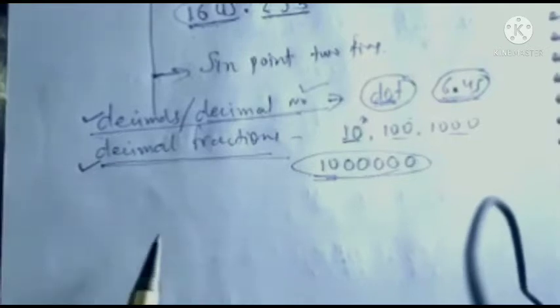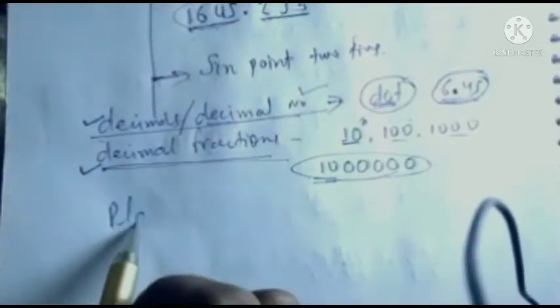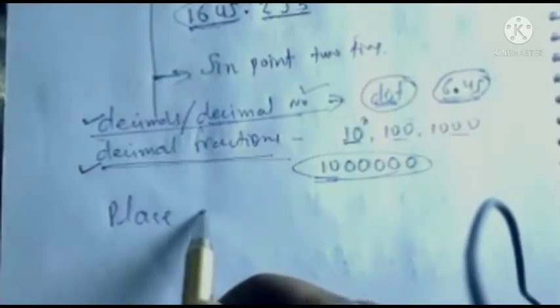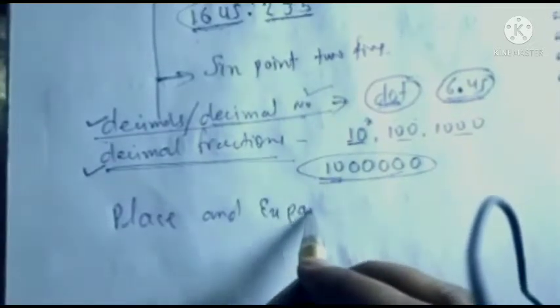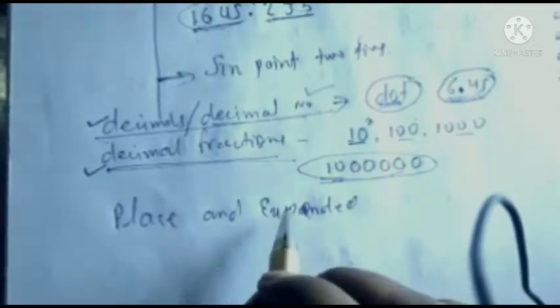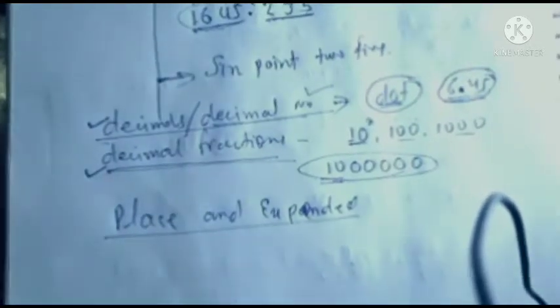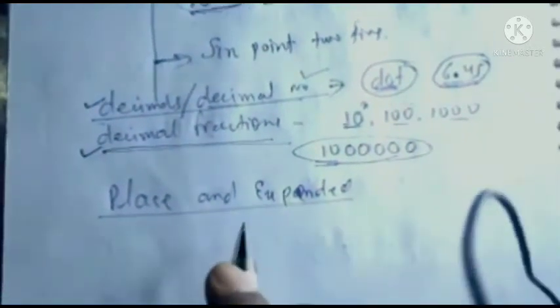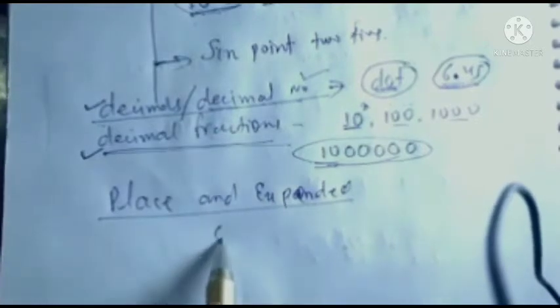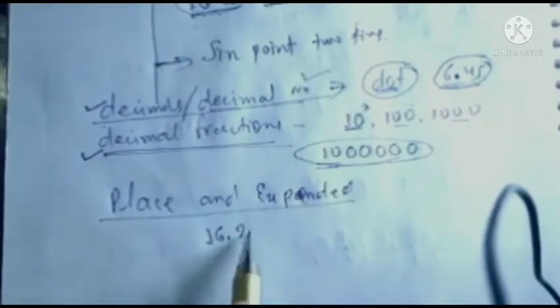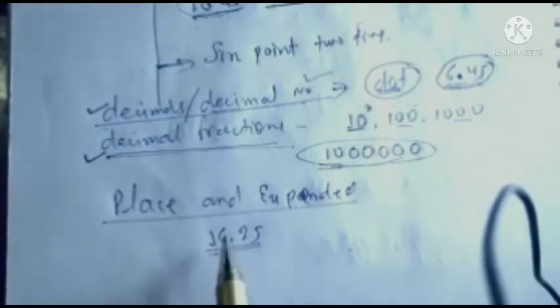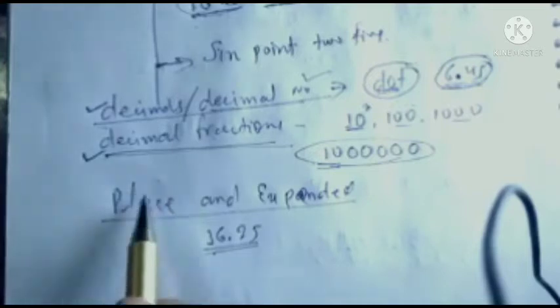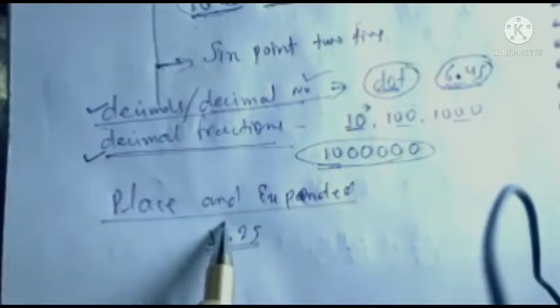Now discuss the next point, that is place value and expanded form of decimal numbers. Suppose I have the number 16.25. We have to write its place values. The place value of 6 will be 6.